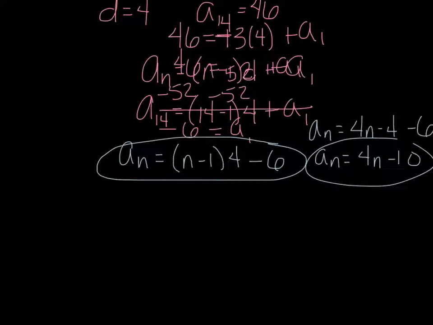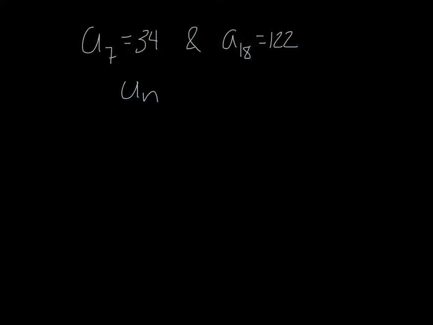Okay, let's do a rule if a sub 7 equals 34 and a sub 18 equals 122. Now this is going to give us an interesting one, because what you'll find out is we actually have two variables. So remember, we have a sub n equals n minus 1 times d plus a sub 1.